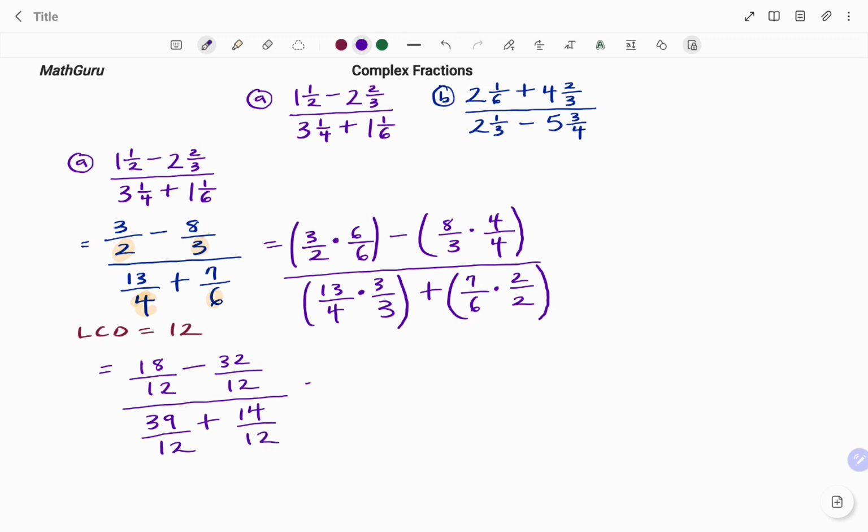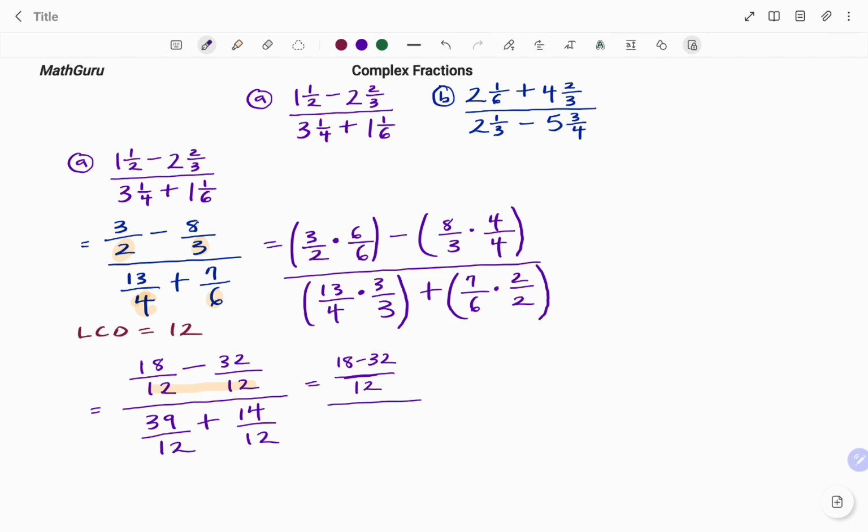Now simplifying further, I will start with the numerator. Because the denominators are the same, that's 12, I'm going to place both fractions under the same denominator, which is 12, and then at the top I have 18 minus 32. I'll do the same at the bottom.